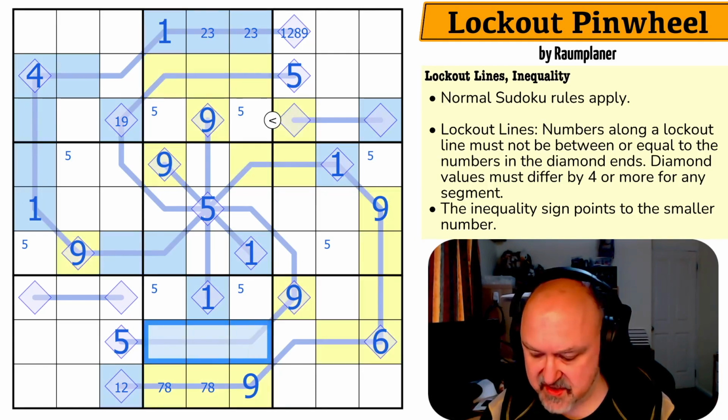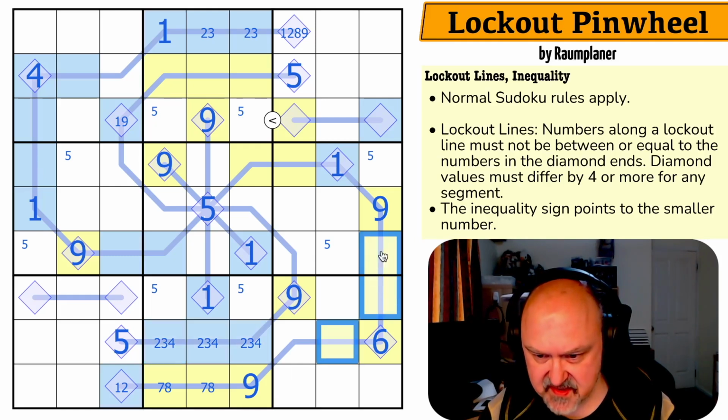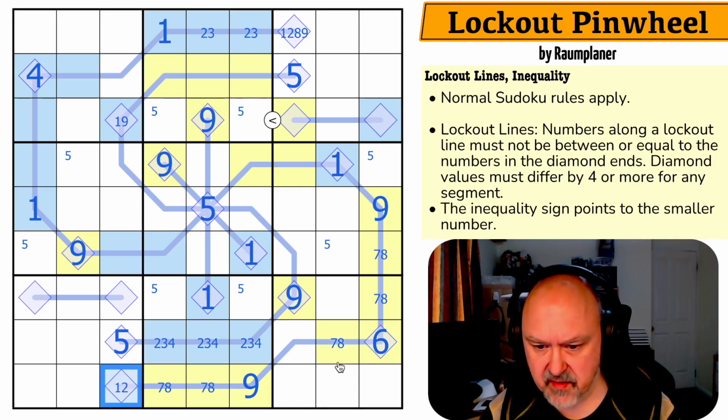So these are 2, 3, 4. These are 7, 8. This is 7, 8, I think, because it has to be outside. It can't be 5.